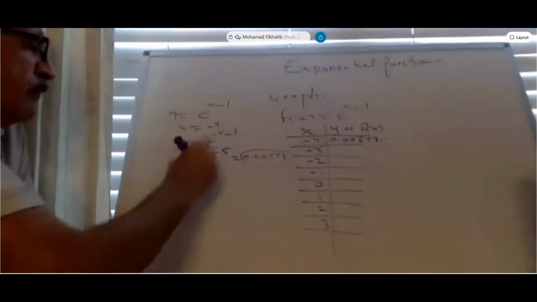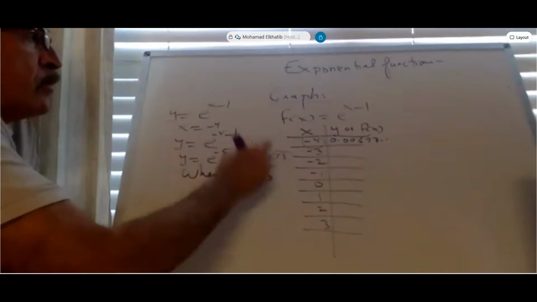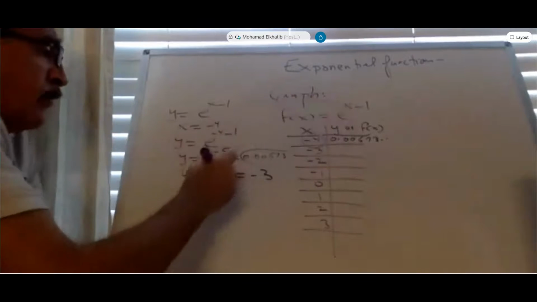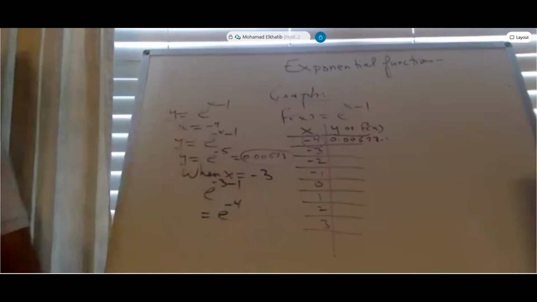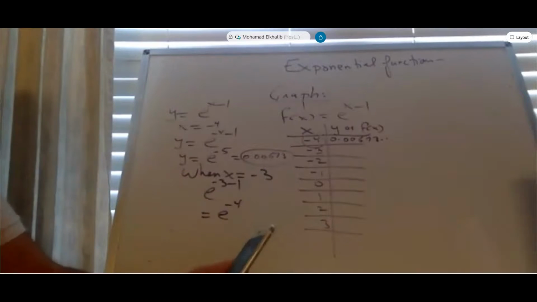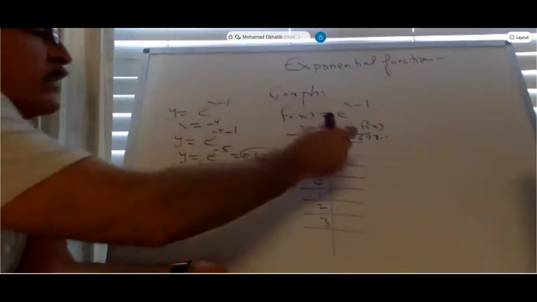X is -3 now. So I go to x. Everywhere I see x, I put -3. -3 minus 1 is -4. So I go to the calculator, and I'm going to do -4, e to the x, and I get 0.0183.